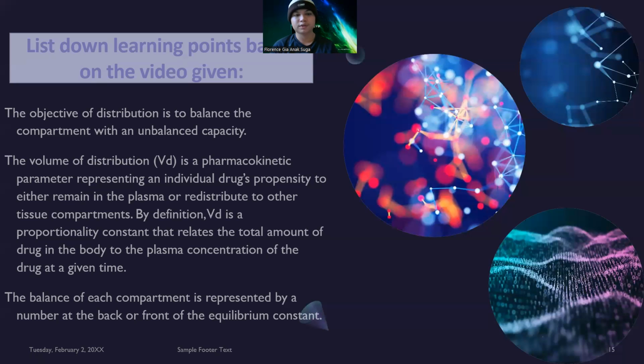By definition, VD is a proportionality constant that relates the total amount of drug in the body to the blood plasma concentration of the drug at a given time. The balance of each compartment is represented by the number at the back or front of the equilibrium constant.